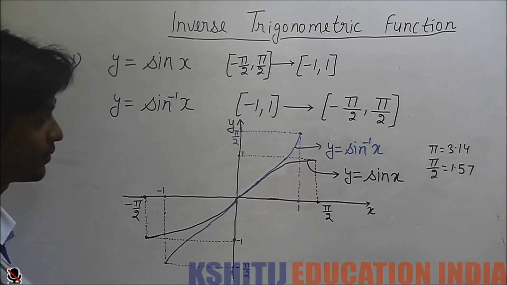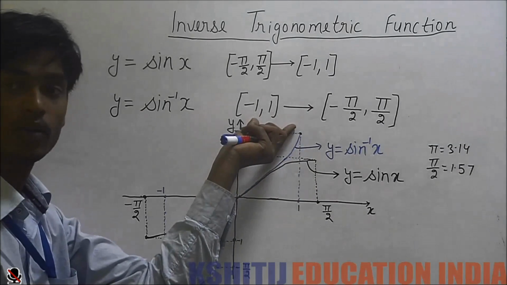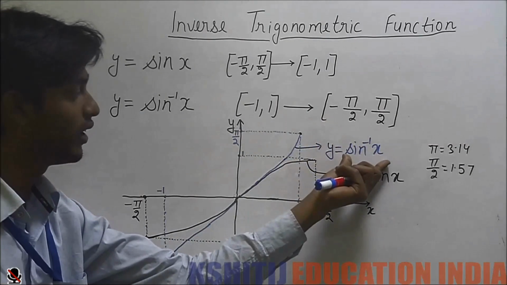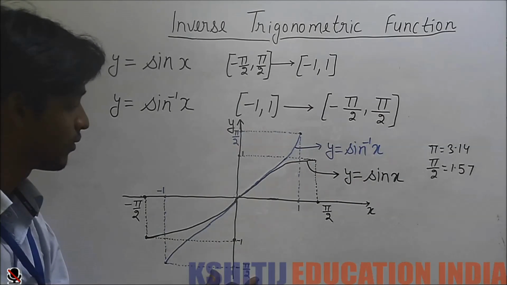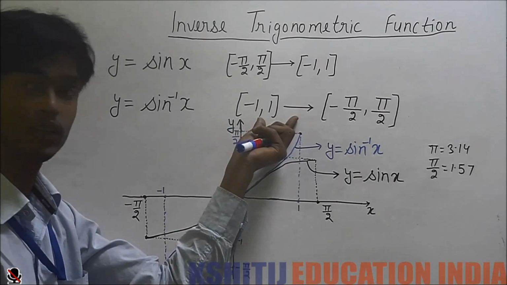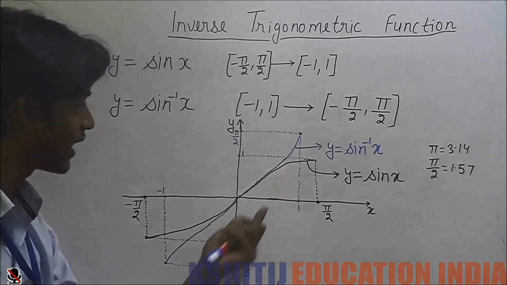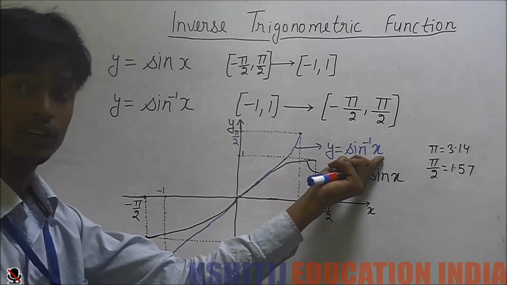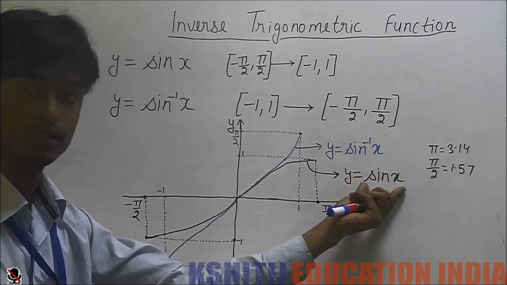Is it clear? First we have to be clear about the domain and the range of the inverse function: the domain is minus 1 to 1 and the range is minus pi by 2 to pi by 2. So here we have the graphical representation of sin inverse x and sin x.